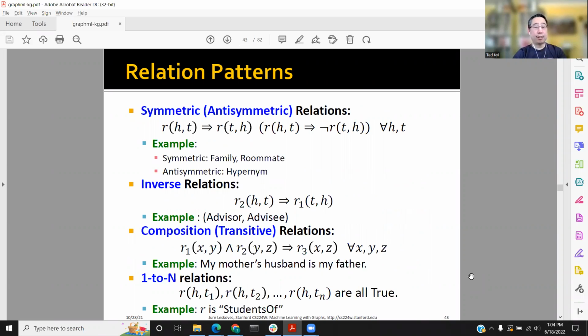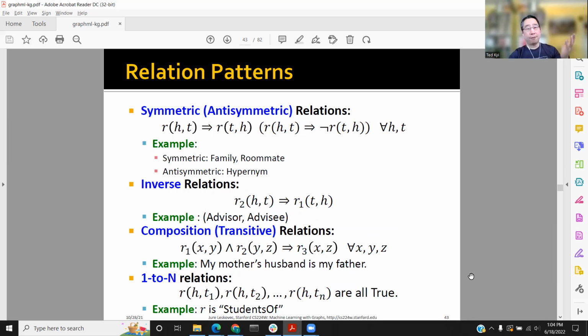So symmetric, again, is like roommate. If A is a roommate of B, B should also be a roommate of A. Inverse relationship, we said, was advisor-advisee. There's one that's not on here. Oh, I see, it says anti-symmetric on the same bullet.